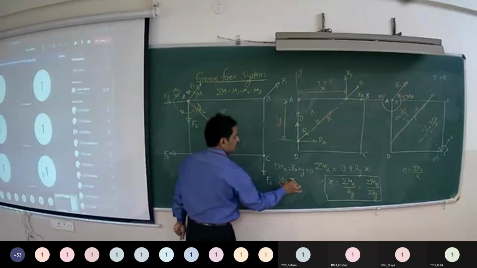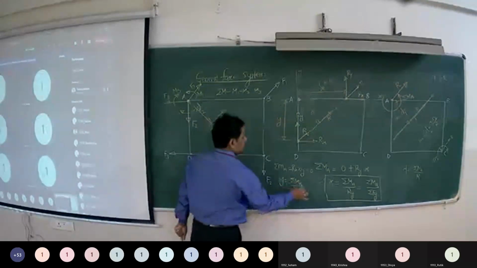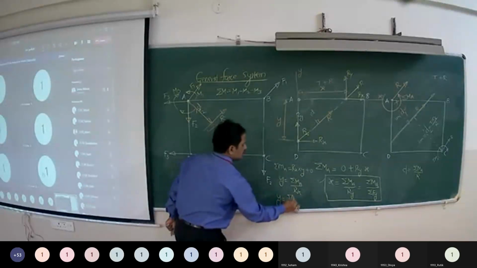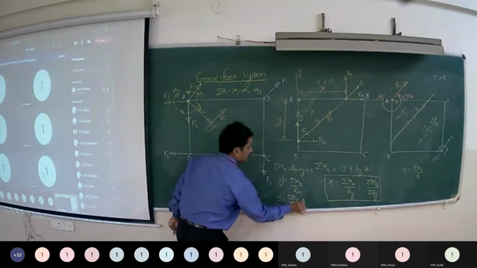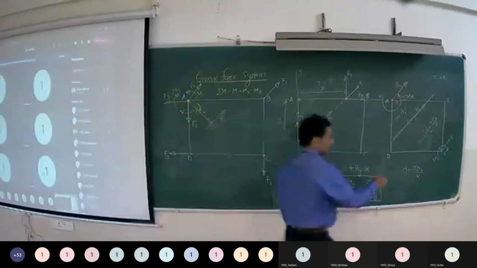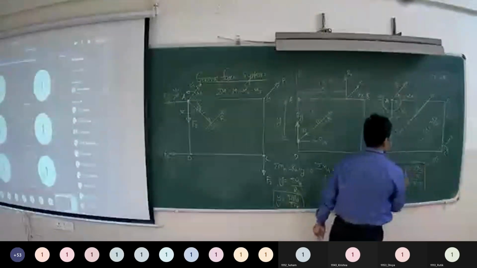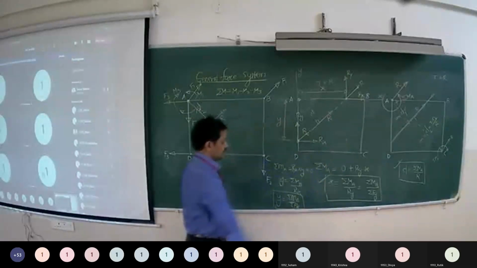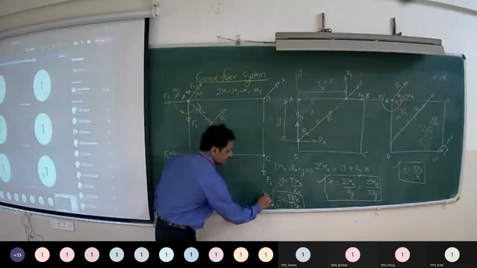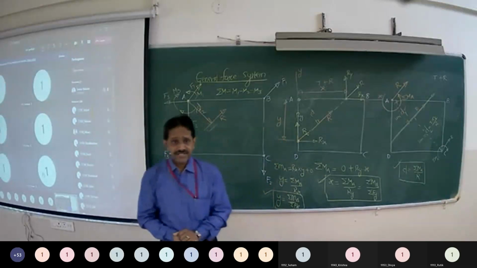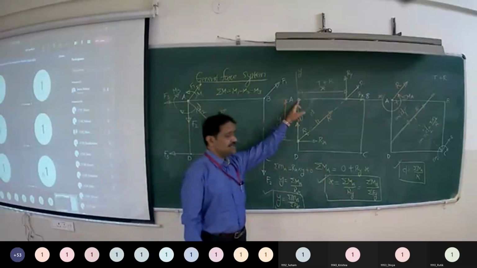This gives you y is equal to summation MA upon Rx, or y is equal to summation MA upon summation Fx. So by calculating the perpendicular distance d, or horizontal distance x, or vertical distance y, you can locate the position of the resultant with respect to a given point.